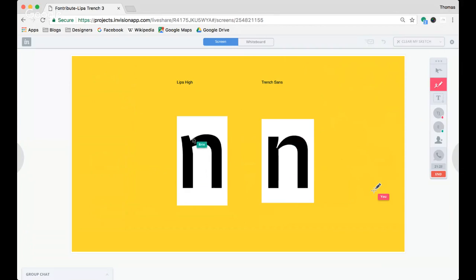But here in Lipa, because of that strategy, the join happens further inward, further to the left, and a little bit higher up. It's way up here where the stroke starts. So it's a bit flatter on the top here, and also in the counter form.